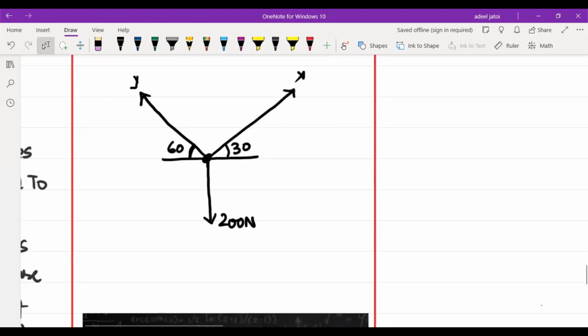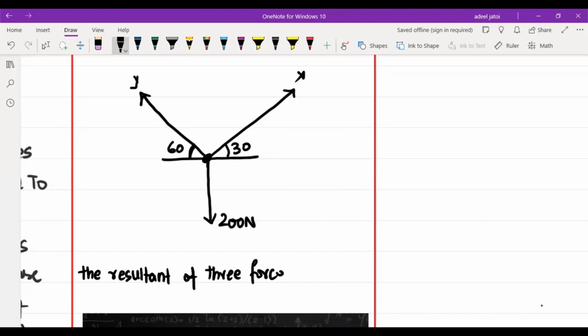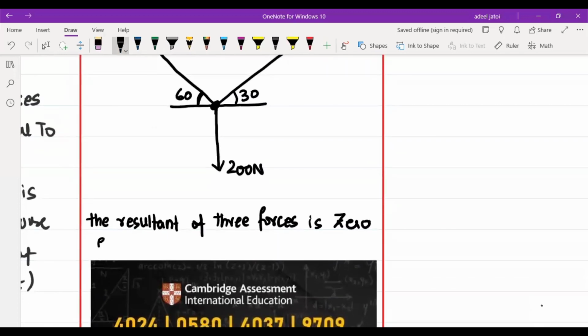And the question says the resultant of the three forces is 0, which means equilibrium.